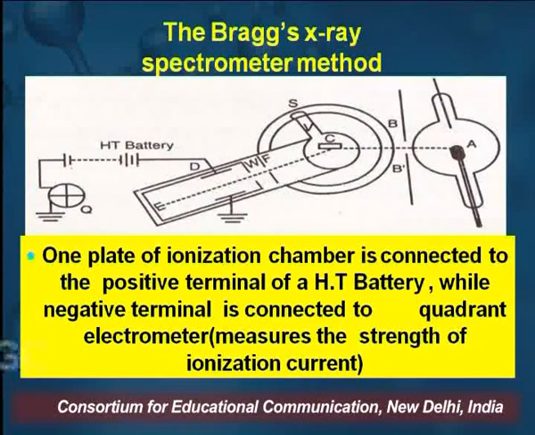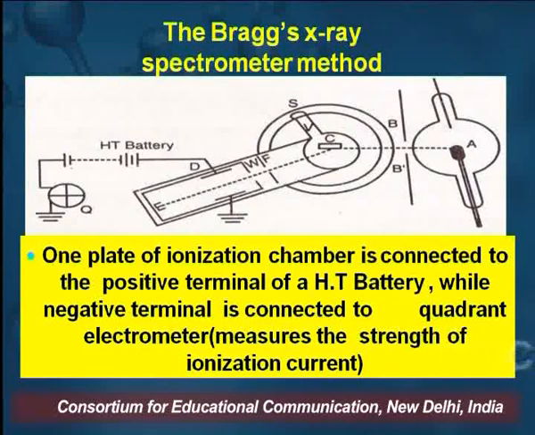You see D is connected through the HT battery, while the negative terminal is connected to the quadrant electrometer, where we can record the pattern and measure the strength of the ionization current, which we will explain by using the electrometer.